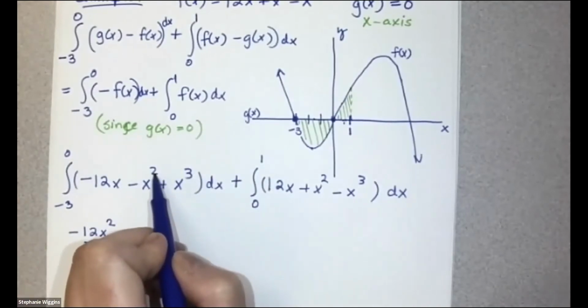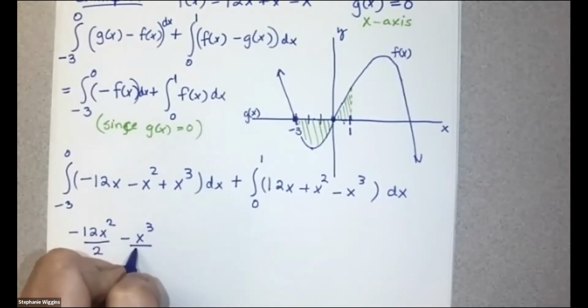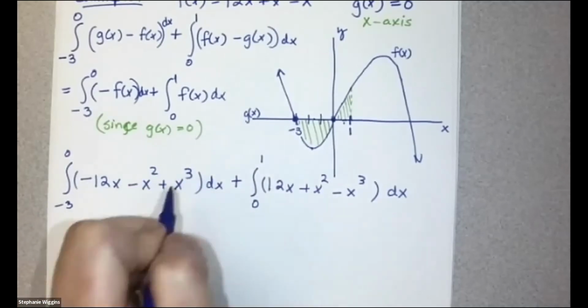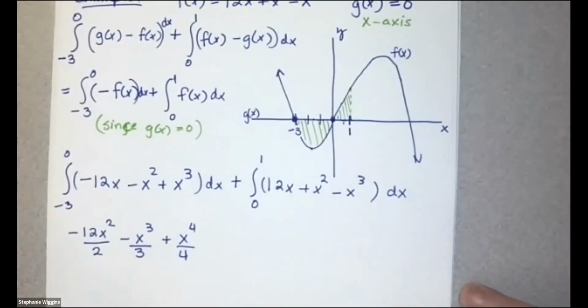Here I'm going to add 1 to 2 to get 3, so it comes minus x cubed, and then I divide out by the new exponent. Then we're going to add 1 to 3 to get 4, and then divide out by 4. And then we're going to evaluate that from negative 3 to 0.